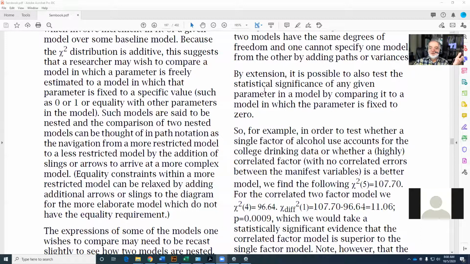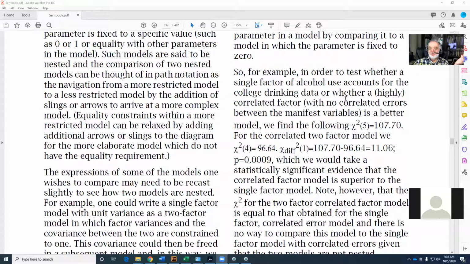I'll walk you through an example here. You might want to think about one model where there's no correlation between the measurement errors and another model where there is. You calculate those two chi-squares, and the difference between those two numbers, in this case 107 versus 96, is going to give me, for the correlated two-factor model, a chi-square difference of 107.70 minus 96.64, which is equal to 11.06.